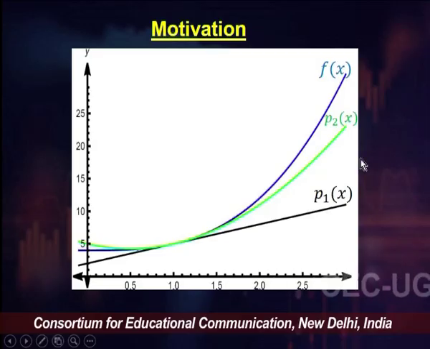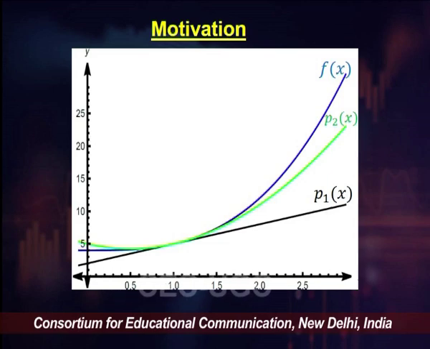In this case, for example, I have taken a quadratic approximation, which you can see is doing a pretty good job, a better job than the first order linear approximation around the point x equal to 1. This is what we are trying to say in order to motivate the idea of a higher order approximation: if the error is less, then it might work well to go with a higher order approximation.